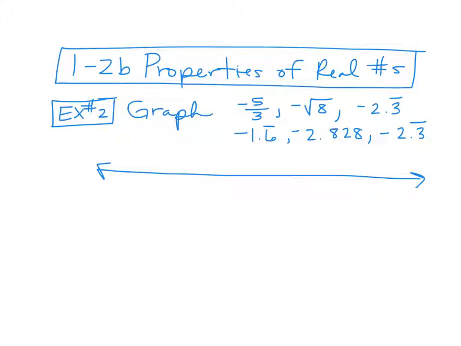Okay, so first of all, notice they're all negatives. So if we put 0 here, and give it plenty of space with your numbers so you have room to put things, a -1, a -2, a -3, okay? Of these 3, which one is the biggest number?